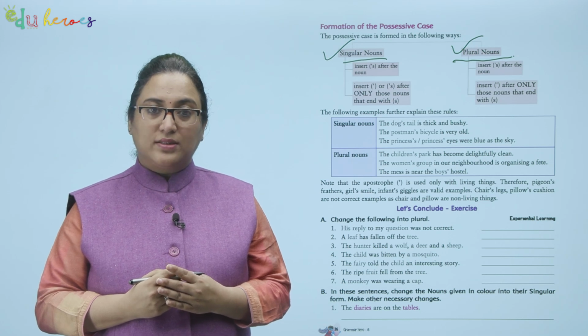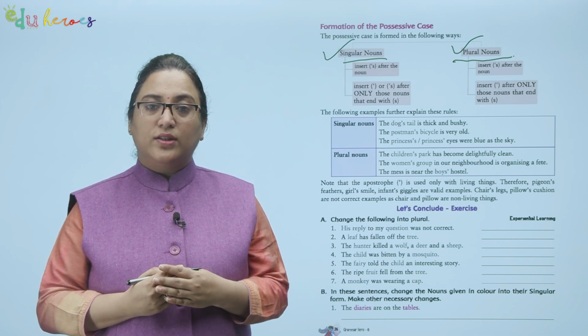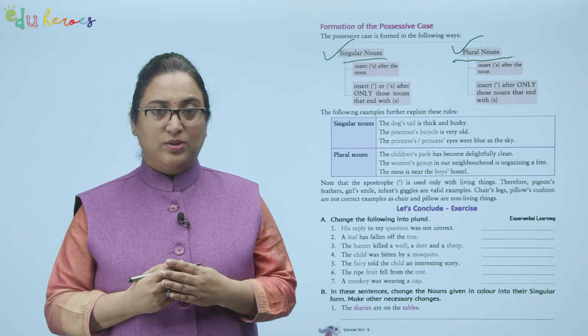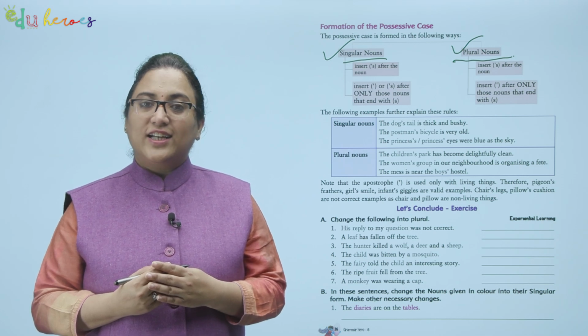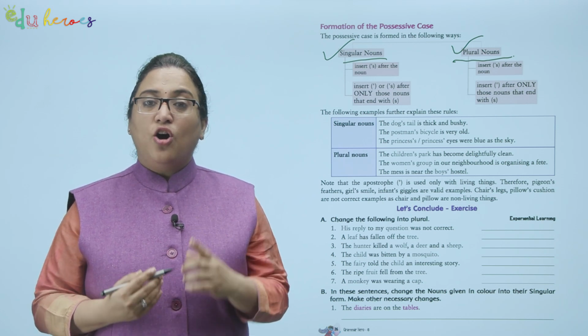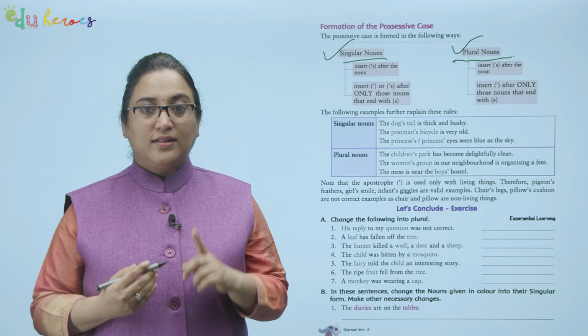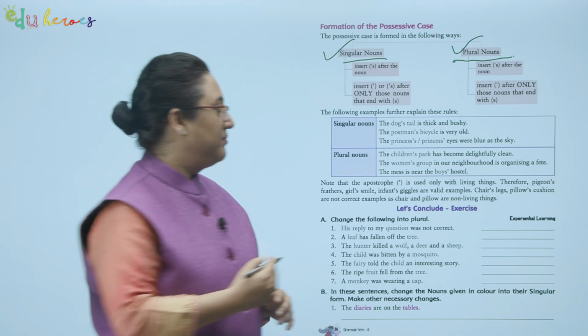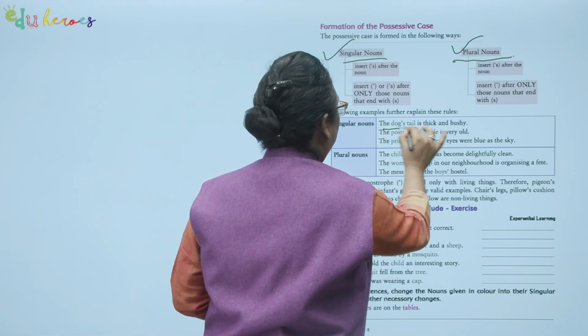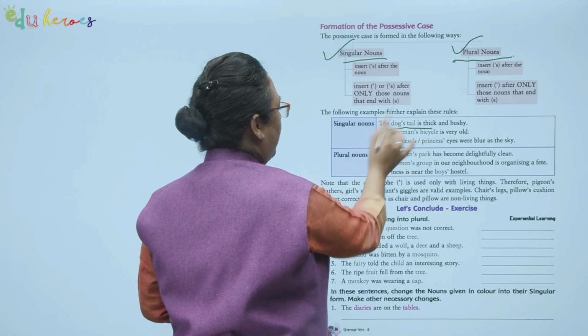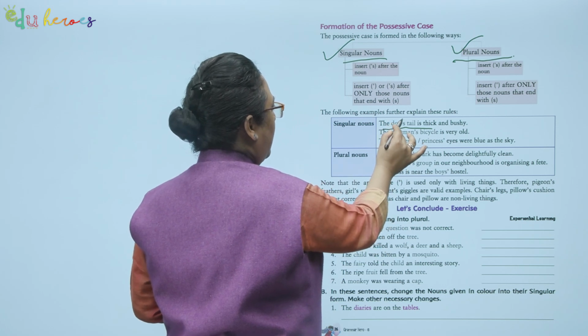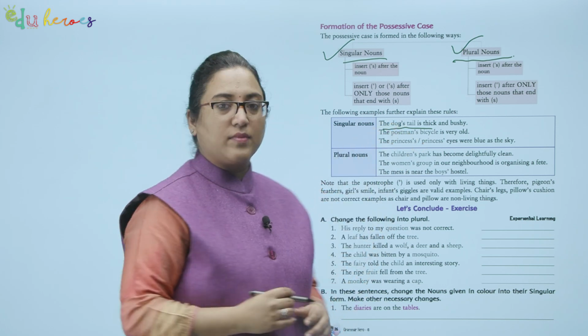Let's see the examples. The following examples further explain these rules. Singular nouns. The dog's tail is thick and bushy. Dog's tail here. Now dog is singular. We have just put apostrophe and then s.